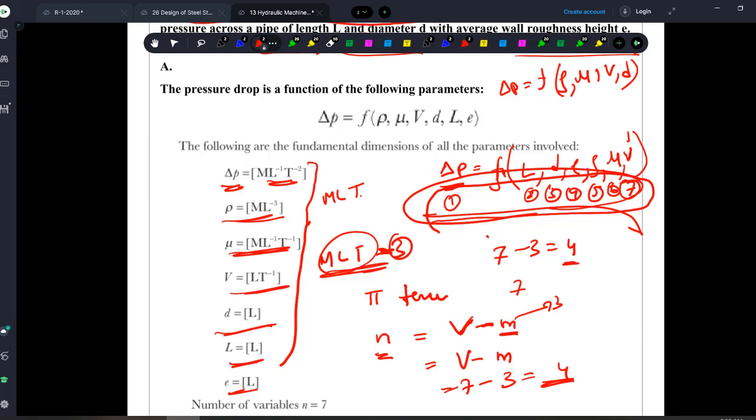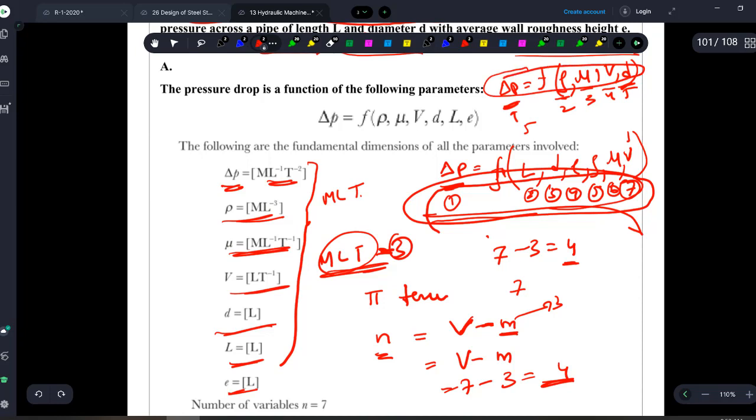So how many pi terms can be formed? How many variables are there? 1, 2, 3, 4, 5. 5 minus, you have to see what the fundamental quantities present in this are. Obviously M, L, T, all three are present. There is nothing giving some joules or some theta, nothing like that. So 5 minus 3, you can form 2 pi terms. I hope you got it.